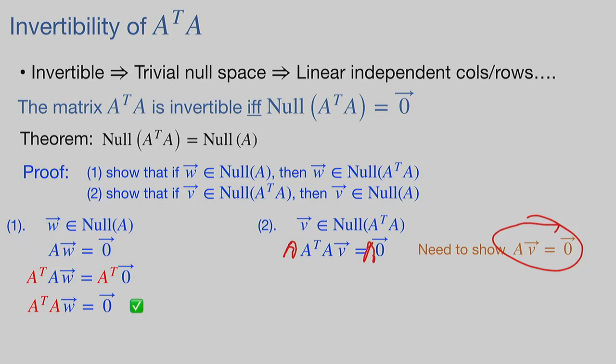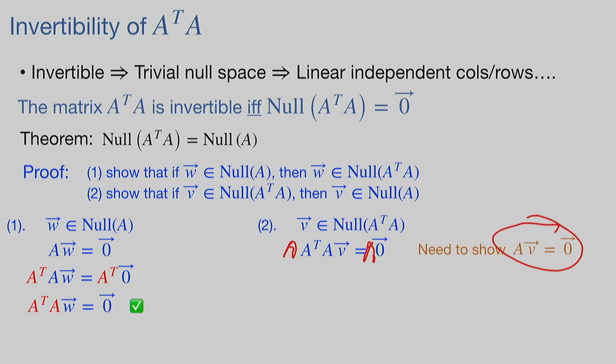If the length of that vector is 0, does it also mean that it's actually 0? Okay, A times V, if the length of A times V is 0, does it mean that A times V equals 0?